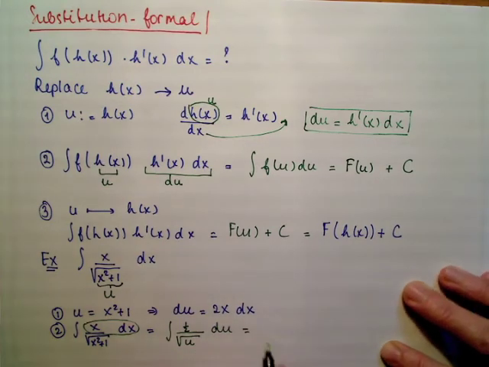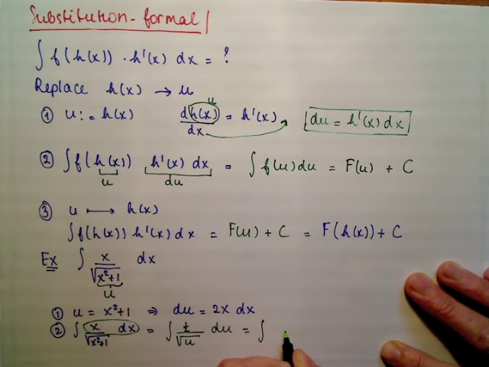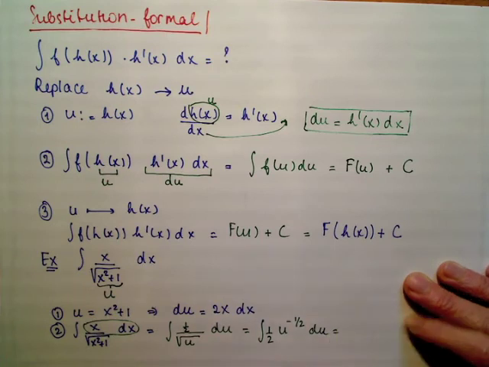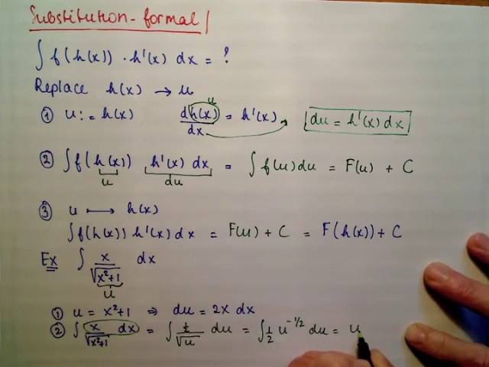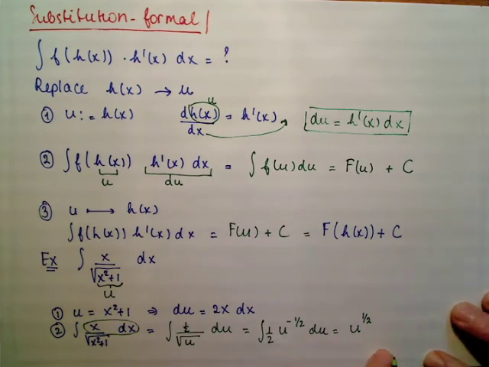And so what we have to do is to integrate u to the power minus 1/2 multiplied by 1/2, and this is equal to, well, very easy, the power increases by 1, so we get u to the power 1 plus 1/2, and if we differentiate we get exactly this term 1/2 in front.